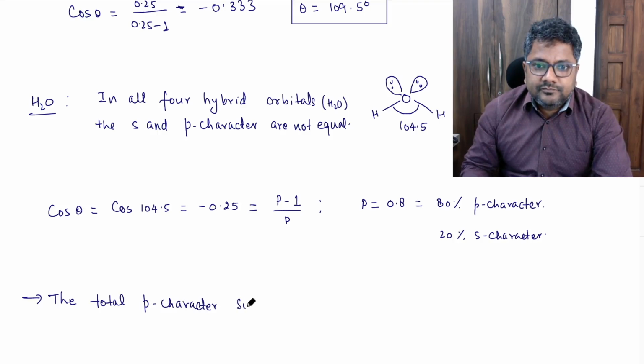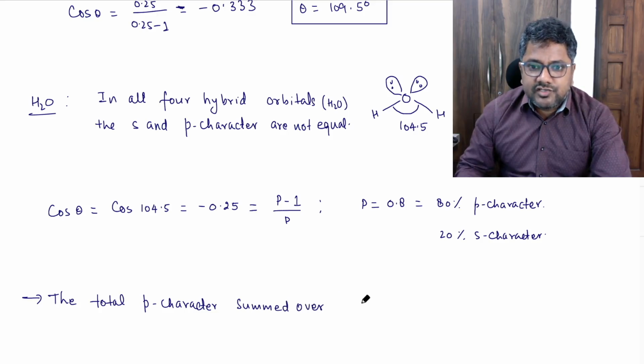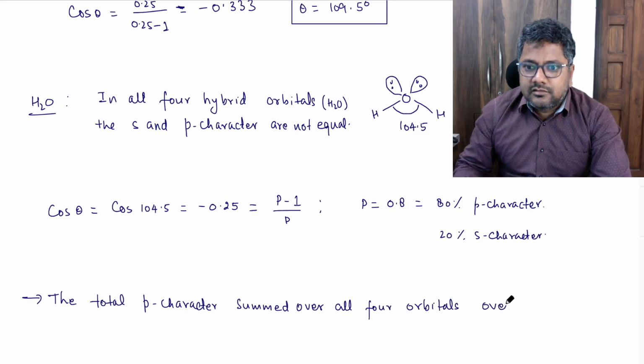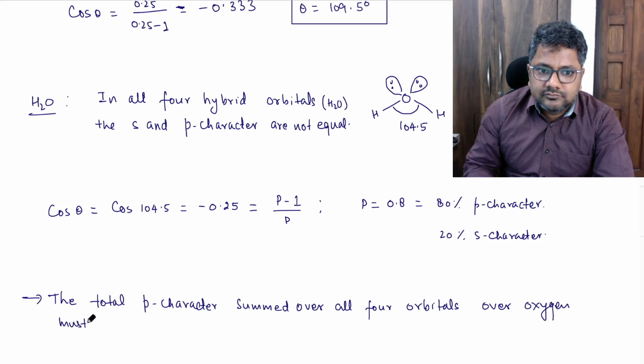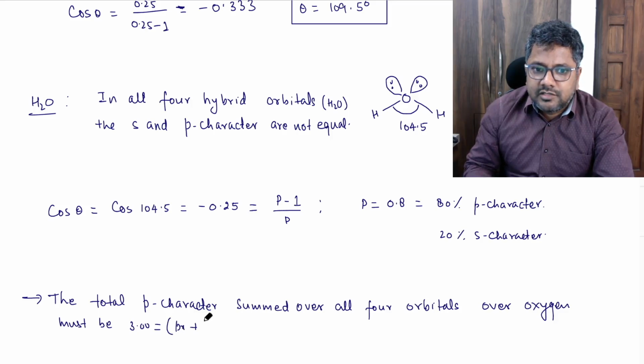summed over all 4 orbitals on oxygen must be three, Px plus Py plus Pz, right?